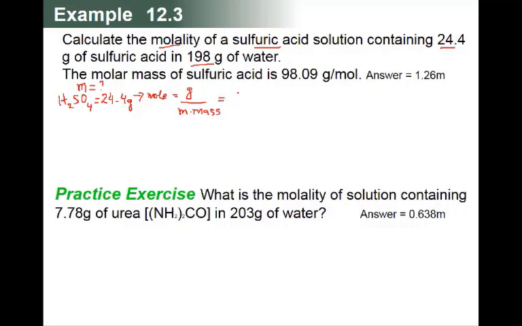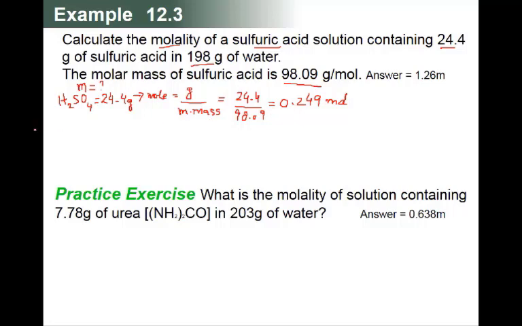Grams are 24.4, and the molar mass is already given, no need to calculate, otherwise you have to calculate from the periodic table. Here it is giving 98.09. So it is equal to 0.249, and this is the mole of sulfuric acid.